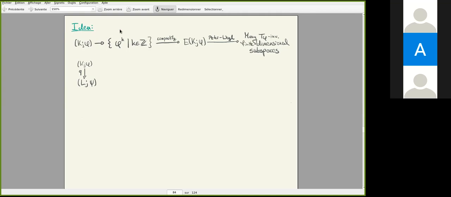is to take this group here, but we slice it into many, many parts. So we take all these powers and we restrict them to all possible fibers.